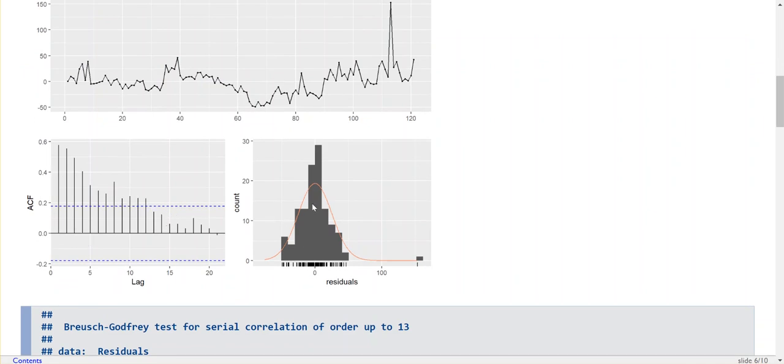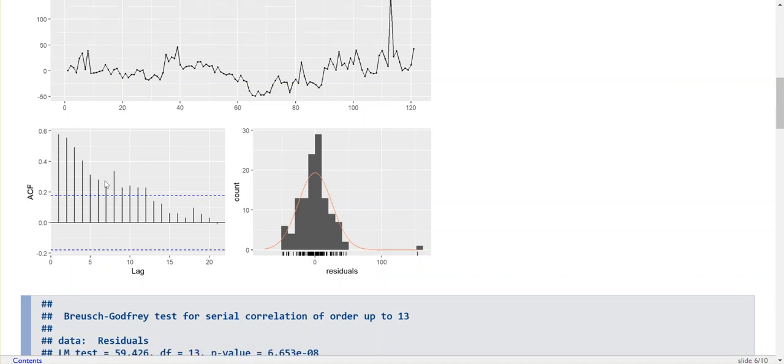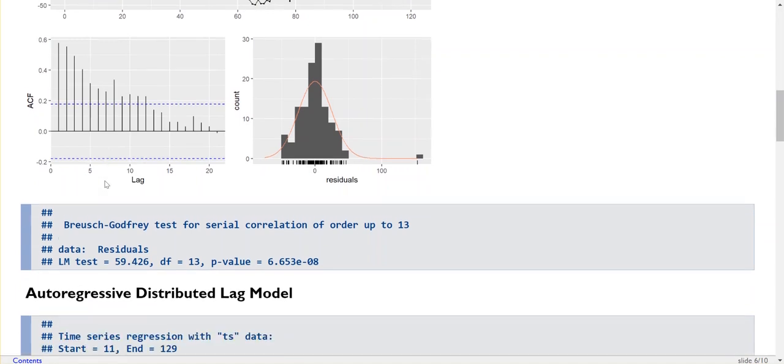Although the histogram is slightly, you could say, distributed evenly, due to the ACF lags being significant over the blue line, we can consider this not a good model.